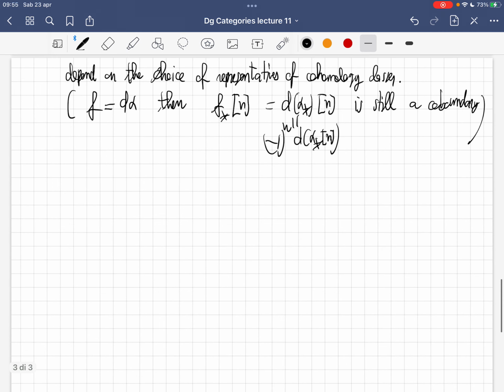So for example, let's see how you check the isomorphism, for example this one. What do we need to prove?